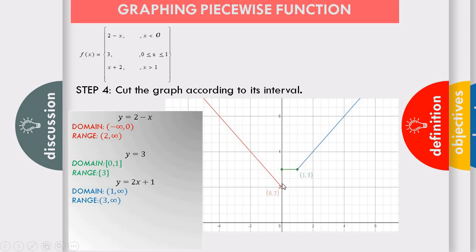So we can see that it covers all the x values. Okay? So therefore, the domain of the piecewise function is from negative infinity to positive infinity. And next, the range. Look at the whole piecewise function. So from 2 upwards. Okay? So the range is 2 to positive infinity.